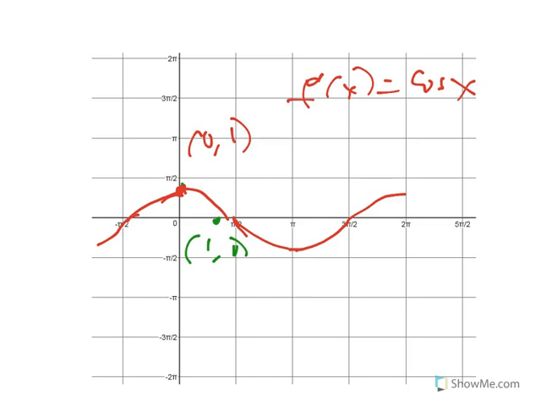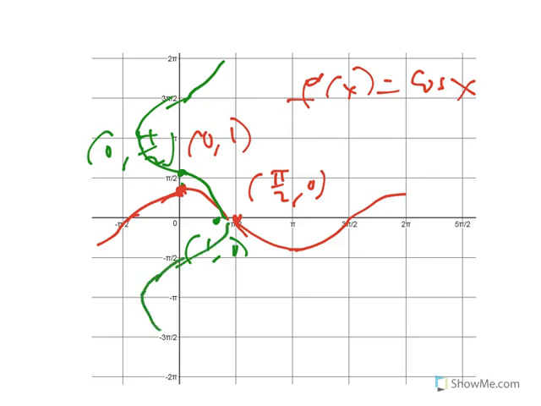And over here, I have the point pi over 2, 0, and on this one, I'm going to have 0, pi over 2. So I end up with something like this. That's if I'm doing the entire thing.